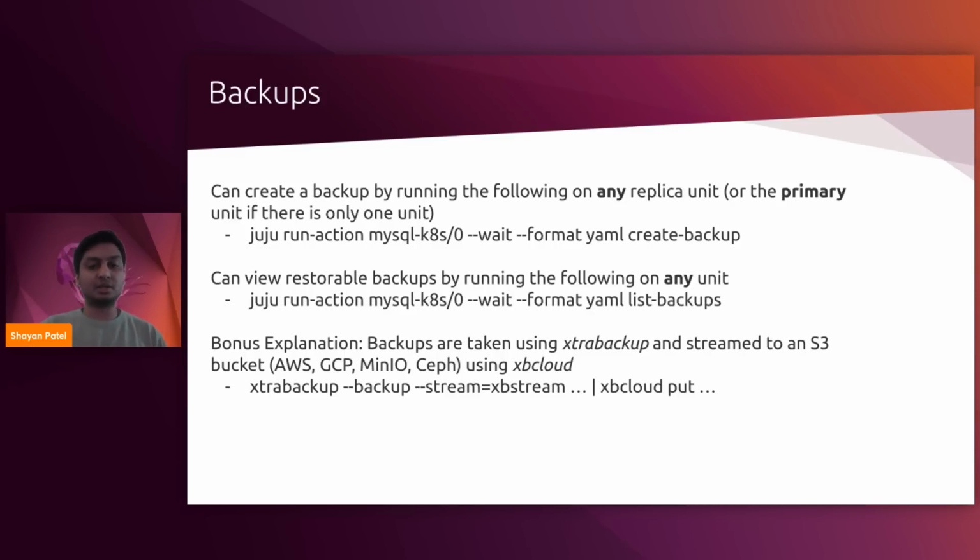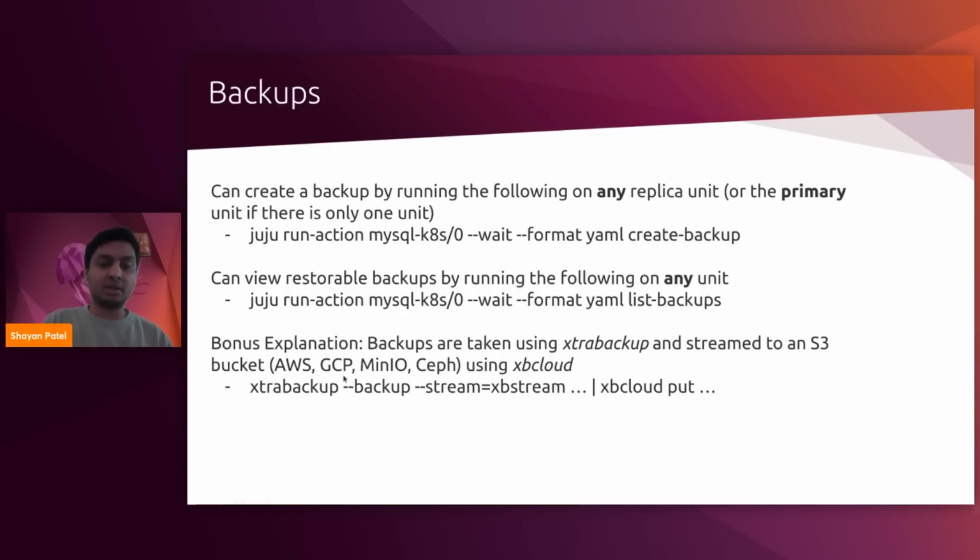We also have an action to look at the list of compatible backups that we can restore on the unit. These backups are physical backups, so they are not logical backups. They copy over all the files from your running instance into any S3 compatible interface.